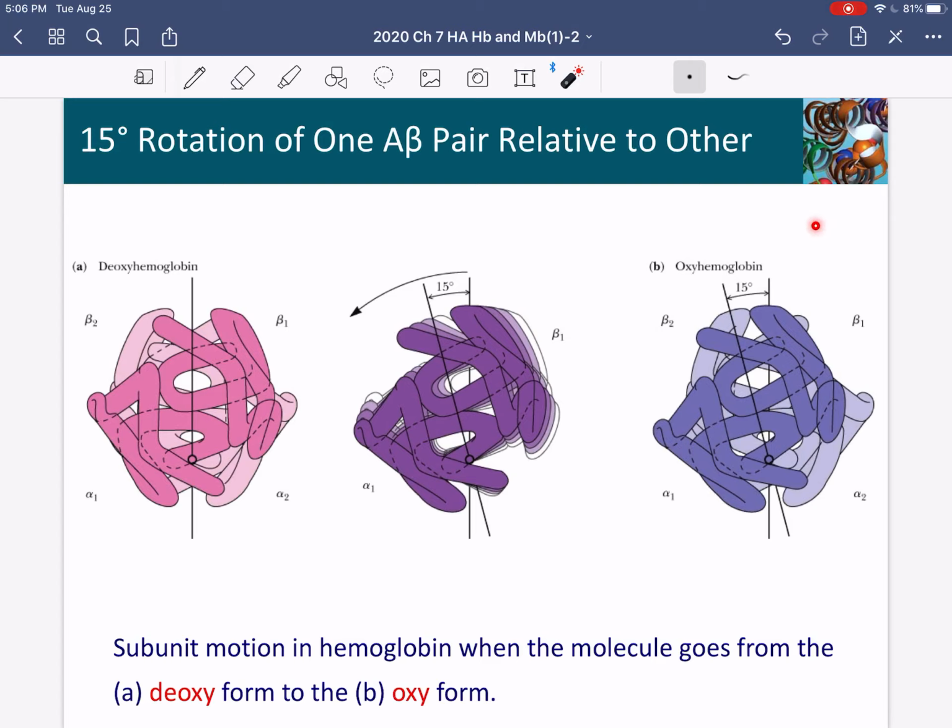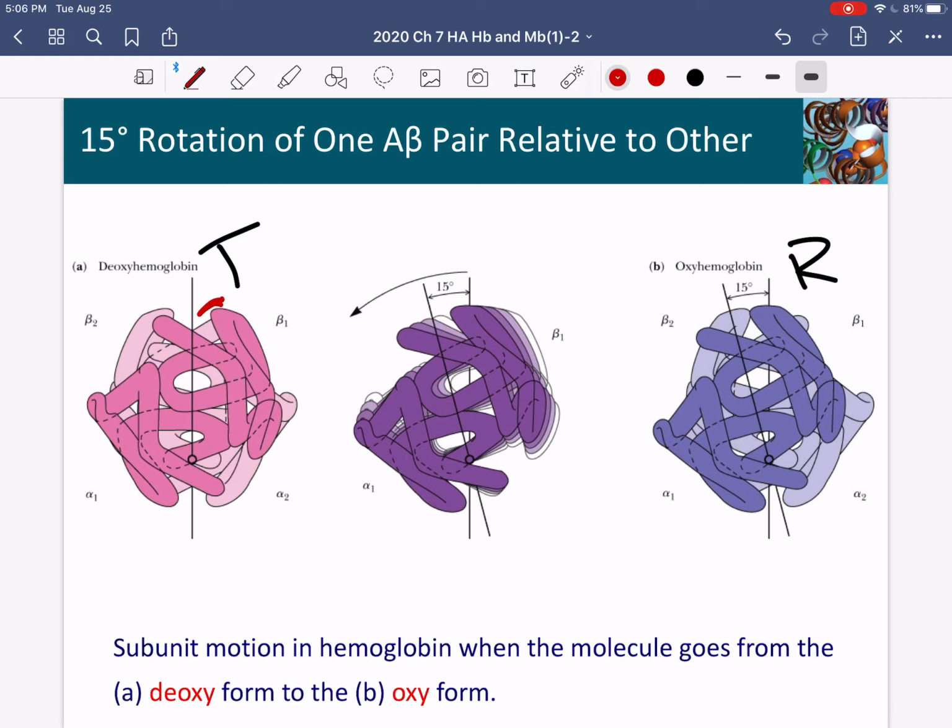So this is oxyhemoglobin, the R state, and this is the T state, deoxyhemoglobin. Their color is opposite from the first picture. I don't know why they did that, but the R state is the oxyhemoglobin, the T state is deoxyhemoglobin, and now you can actually see, or maybe you can see, that you've done this twist that causes a conformational change, because these knees, let me do it in red.